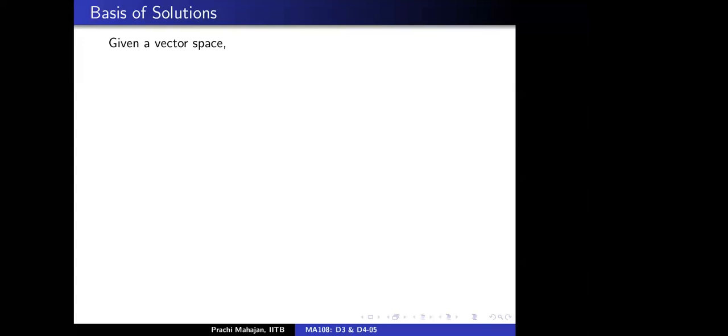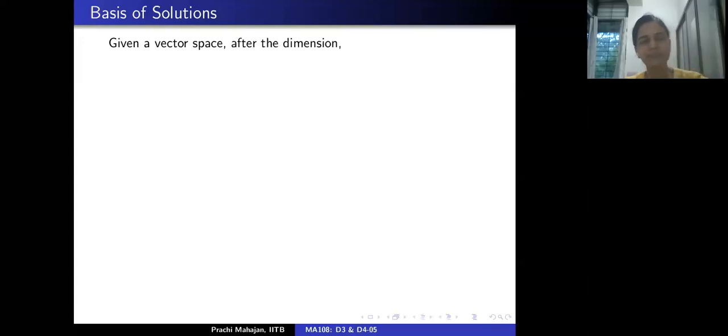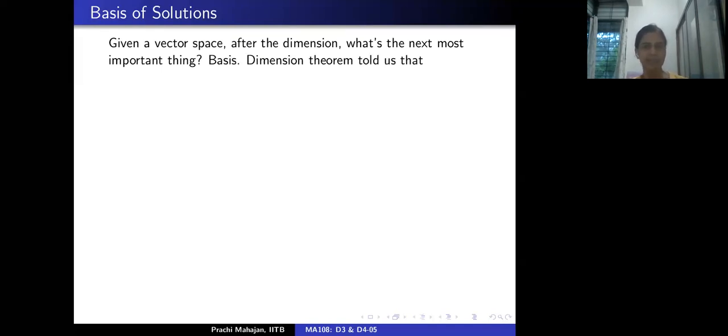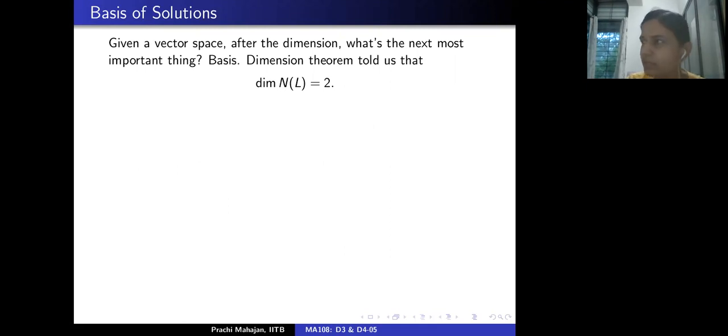All right. So the next question that comes up naturally after the dimension, as many of you rightly pointed out, is to find out the basis of the solution space. So what do we know from the dimension theorem? Under all this hypothesis, you have a second order linear homogeneous equation in standard format, and the coefficient functions p and q are continuous on an interval I. Then you define an appropriate differential operator L, and that turns out to be a linear transformation.